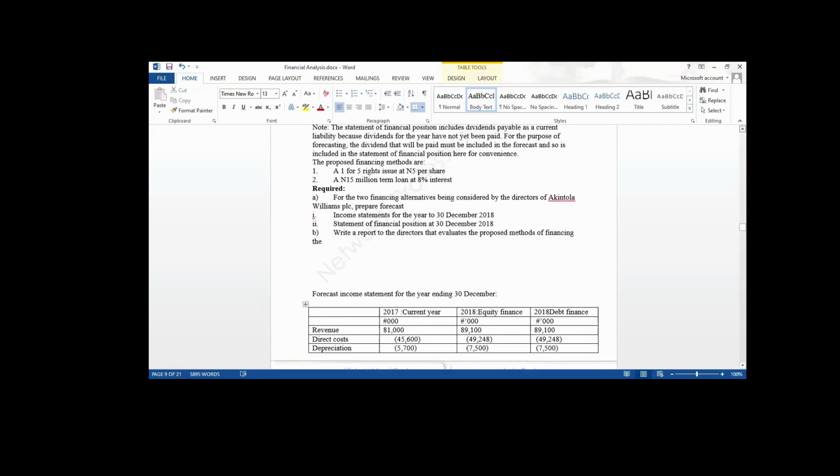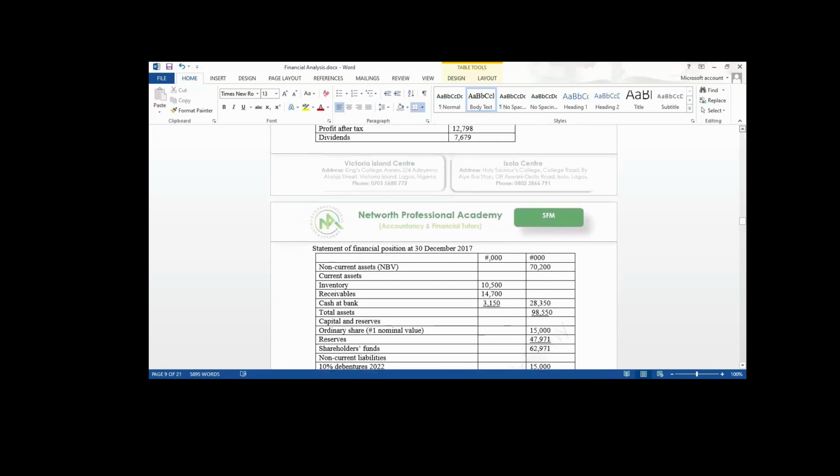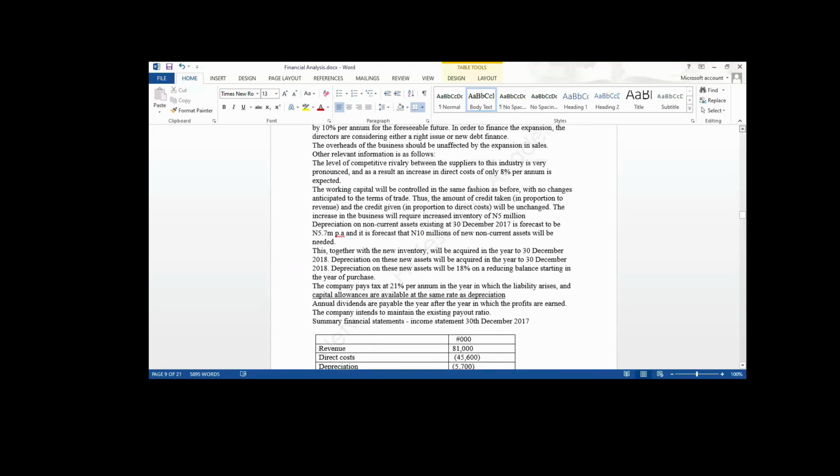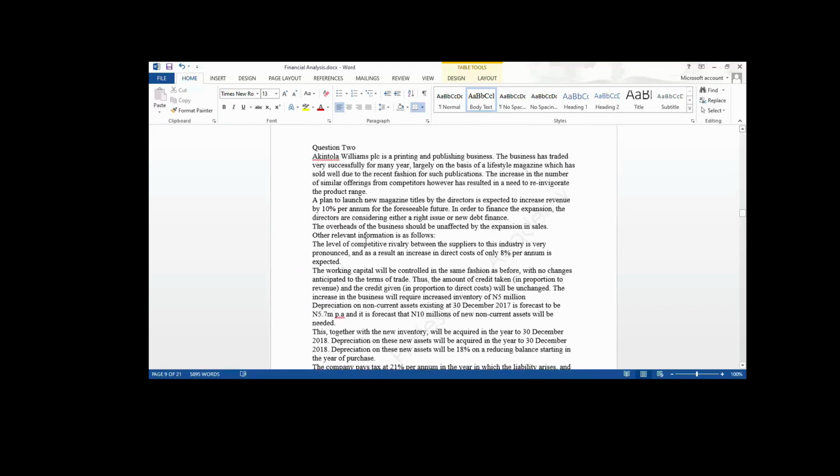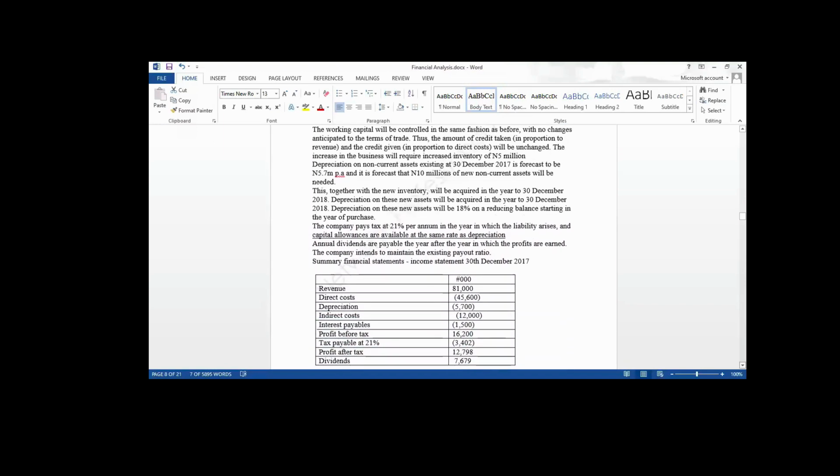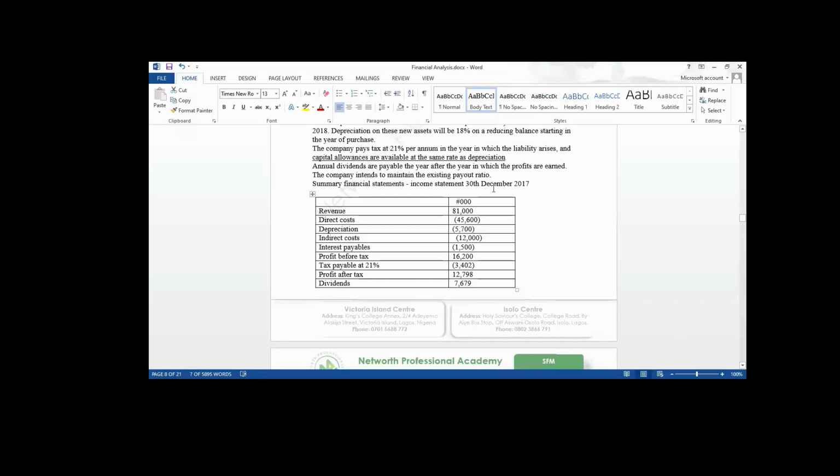The second paragraph, we are going to increase revenue by 10%. Look at that, please. So whether the new project is financed by equity or by debt, revenue will increase by 10%. In 2017, the revenue was 81,000.